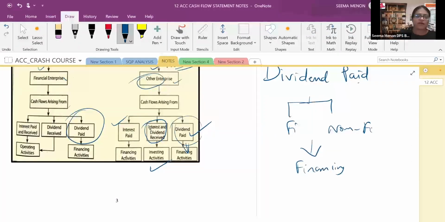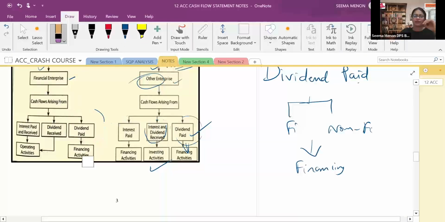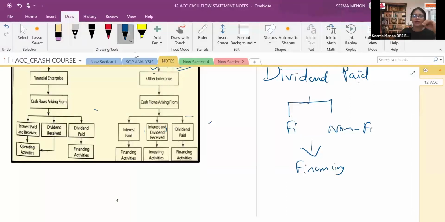In short, while we take these four items, that means dividend paid, dividend received, interest paid and interest received: in the case of a financial enterprise, the three items, that means interest paid, interest received and dividend received, are operating. Only dividend paid is financing.